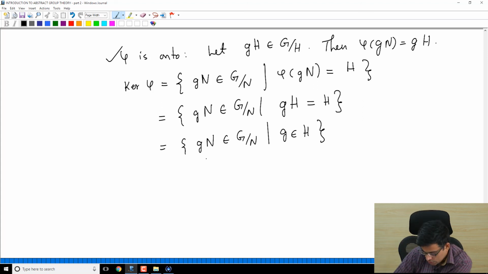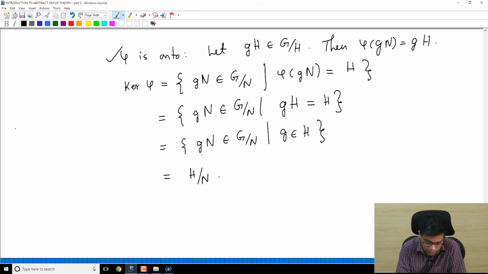So these are cosets of the form gN in G/N such that the small g is in capital H. But what is this? If you think for a second about this, these are left cosets of capital N in capital G, which are also left cosets of capital N in capital H, because this g must be in capital H. So this is just H/N, right?